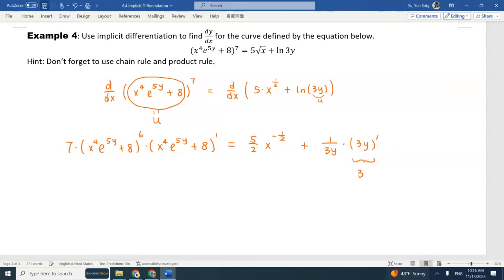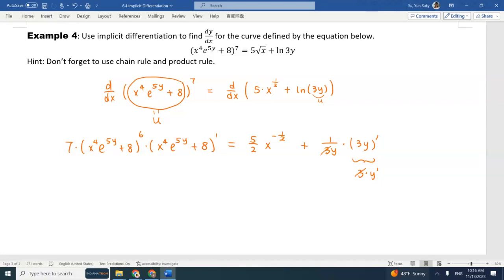Do you see the 3 stays here and the y prime stays here? So in fact, the 3 cancels. This 3 is in the numerator, this 3 is in the denominator, so they cancel. We only get 1 over y times y prime. So this 3, do nothing to it.